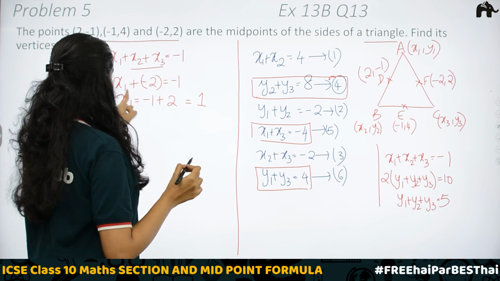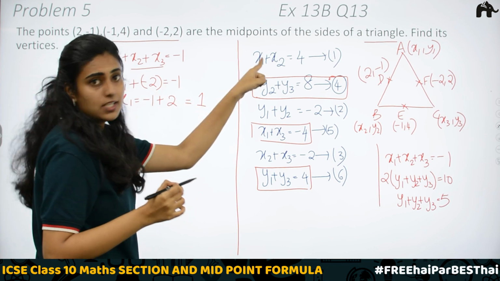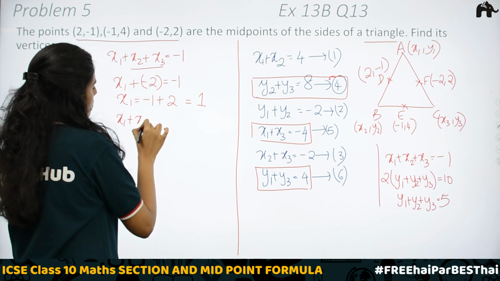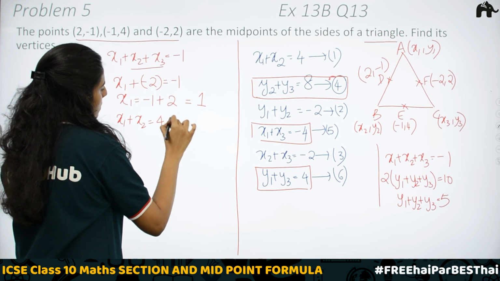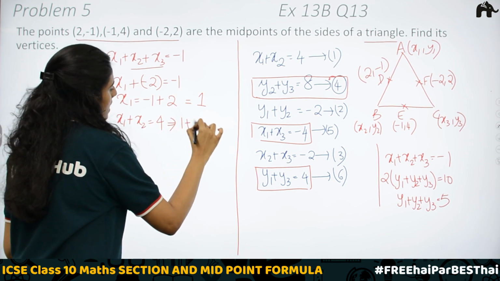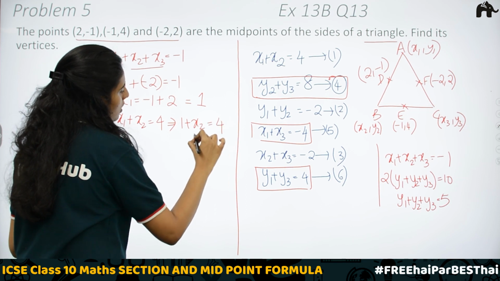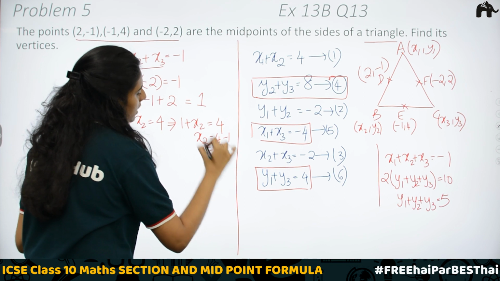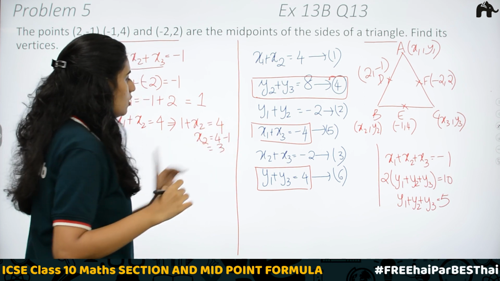Now substitute the value of x1 in the first equation. x1 plus x2 is equal to 4 implies, what is x1? 1. 1 plus x2 is equal to 4, or x2 is equal to 4 minus 1, equal to 3. We got the value of x2.